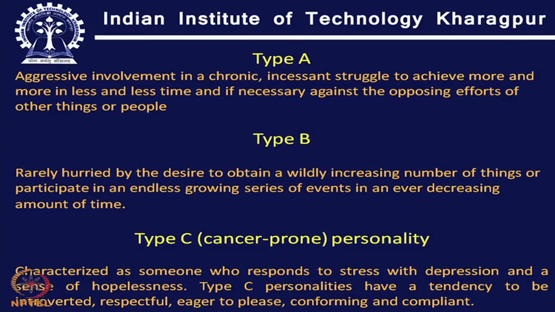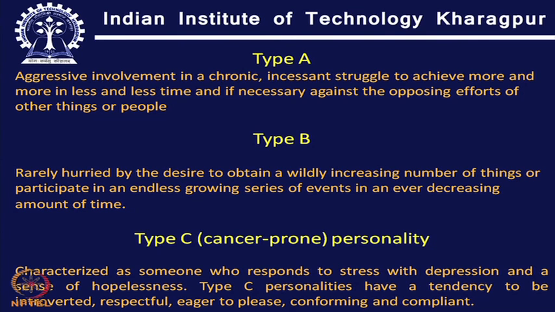Type C people are the cancer prone personality, characterized as someone who responds to stress with depression and a sense of hopelessness. Type C personalities have a tendency to be introverted, respectful, eager to please, conforming and compliant.